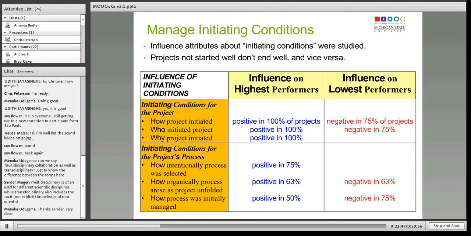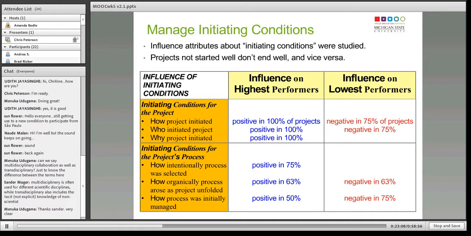And notice that in our high performers, we discover that all 3 of those attributes were very strongly influential in the positive sense, but 2 of the 3 attributes tended to be very negative in the case of our low performers.